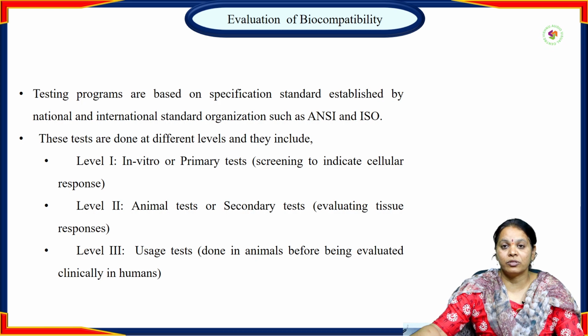So hence these are also called animal tests or the secondary test. In level 3, wherein we have successful results with respect to level 1 and level 2, then we can assure that it is safe to implant the material to test the biocompatibility inside the human body. Then we selectively choose the human volunteers or the cadavers, which will be used for testing purpose.